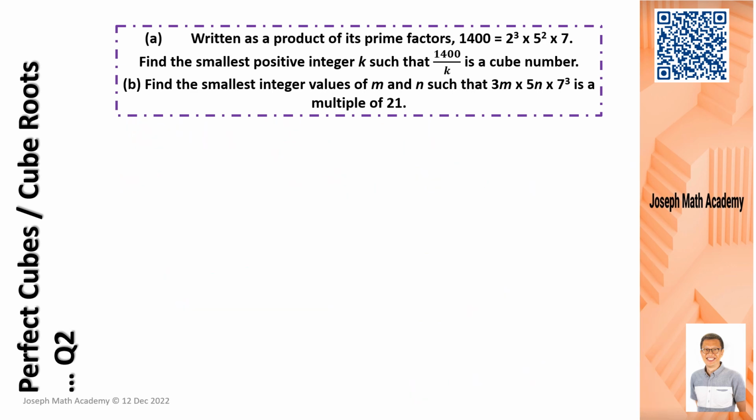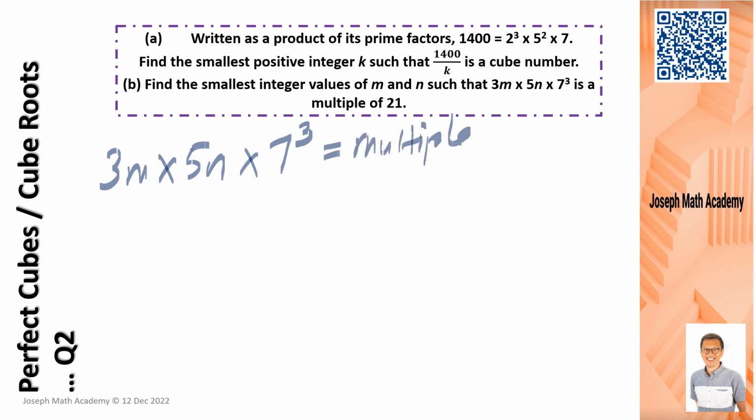Now, we are given this expression 3^m times 5^n times 7 cubed, and they told us that it must be a multiple of 21. They asked us to find the values of m and n, and m and n are integer values. To be a multiple of 21, we have to do repeated division.